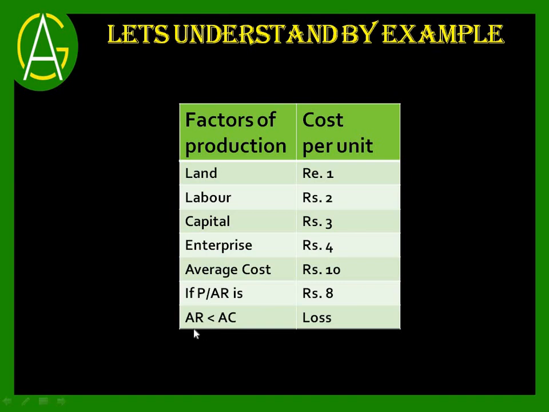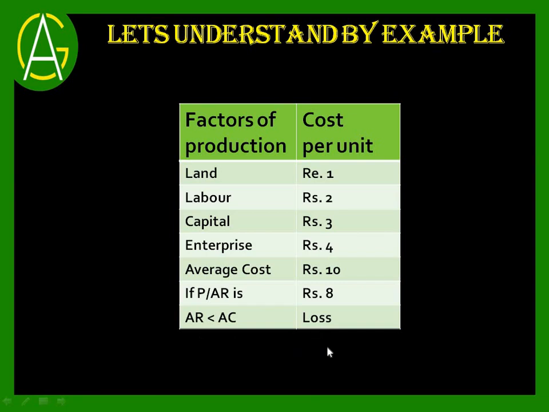When average cost is greater than average revenue, it means that the firm is not making revenue which is enough to even cover the cost. It means that the firm is making a loss. So when average revenue is less than average cost, or average cost is greater than average revenue, the firm makes a loss.